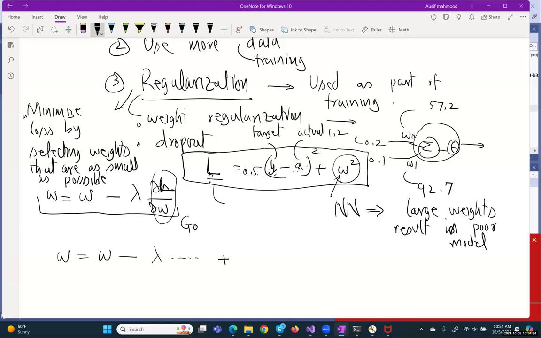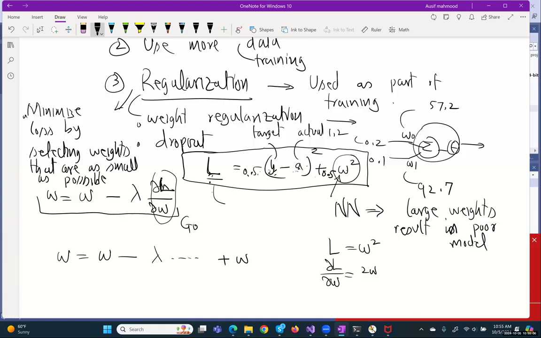As we compute partial L over partial W, if I say L is W squared, what is partial L over partial W? 2W. Just like I put a 0.5 over here so that the 2 and 0.5 can cancel, let me put 0.5 over here. Then it will just become W.